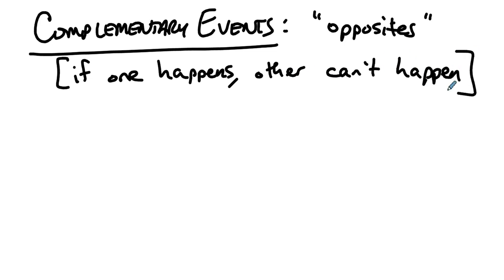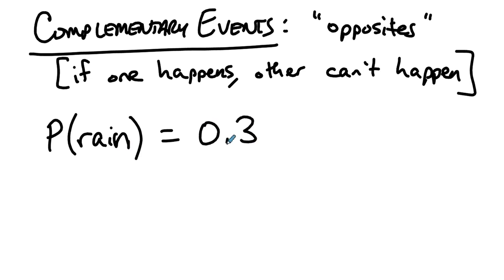And the best case scenario to think about this, if we look outside our window and the weatherman says that the probability of rain today is 0.3, the way he would say that is to colloquially argue that there's a 30% chance of rain.